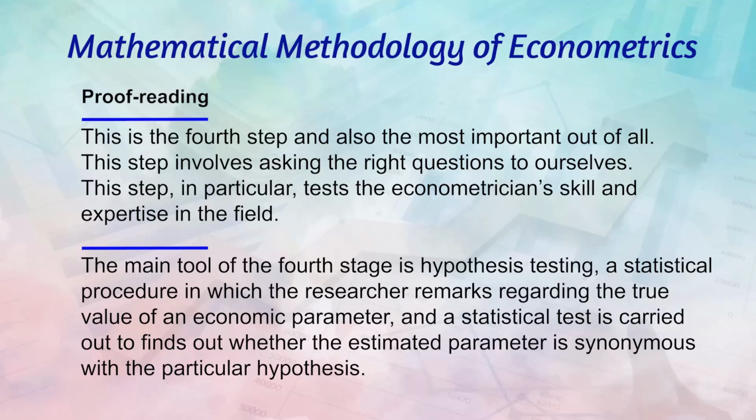This is basically hypothesis testing, where the researcher makes remarks regarding the true value of the parameter, because we want to check whether the true value of the parameter from the population is correctly specified by the sample. That is, the sample statistic should be a true reflection of the population parameter. And that is how proofreading can be done in the methodology of econometrics.